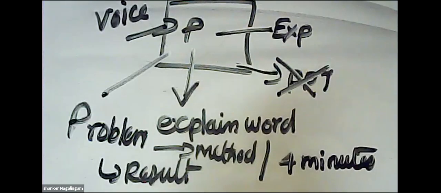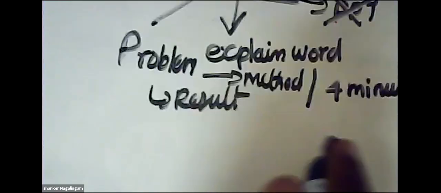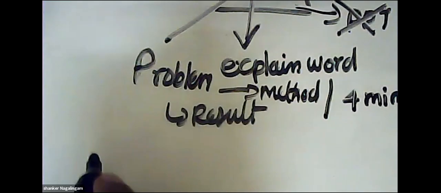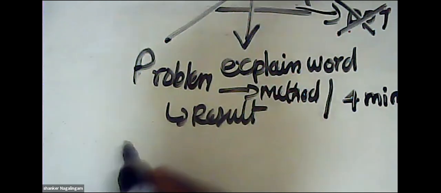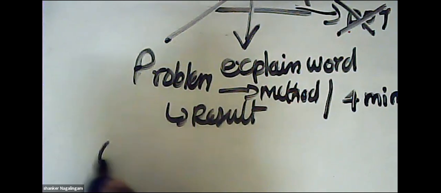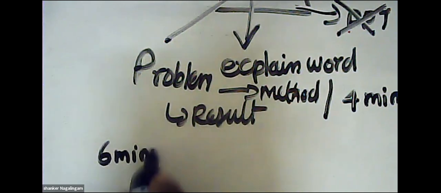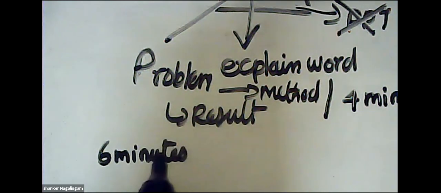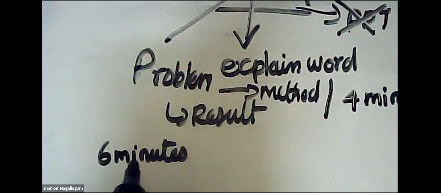If you take a survey, on YouTube this is the standard: many videos are not viewed for more than 6 minutes. The maximum viewing capability of a person on a particular topic is not more than 6 minutes. That is the reason nowadays the advertisements on YouTube come in the middle, whereas previously they were at the start.